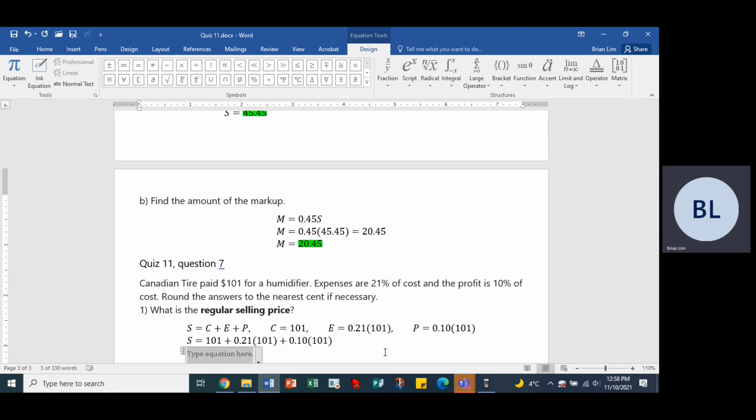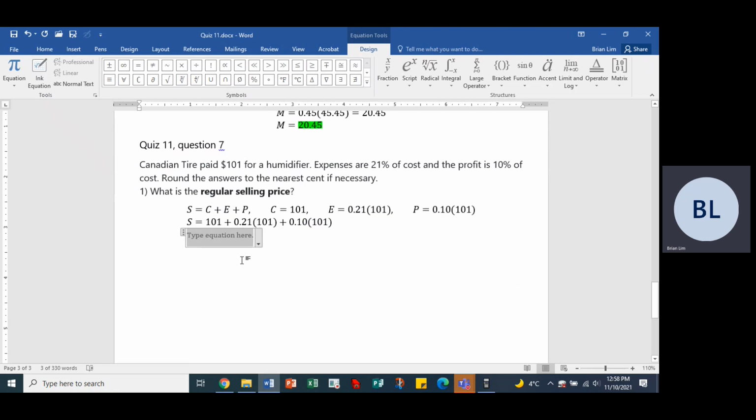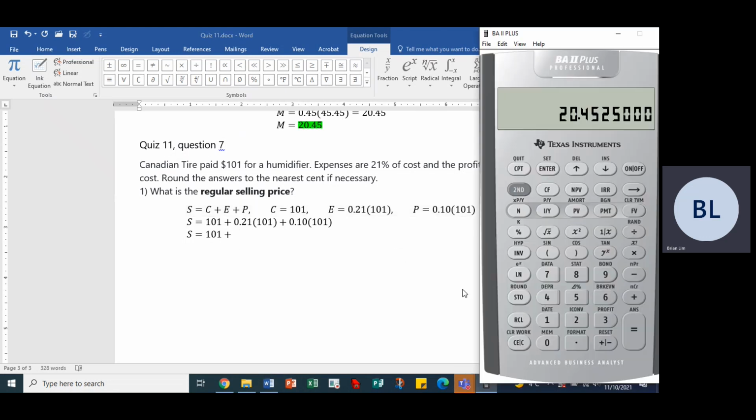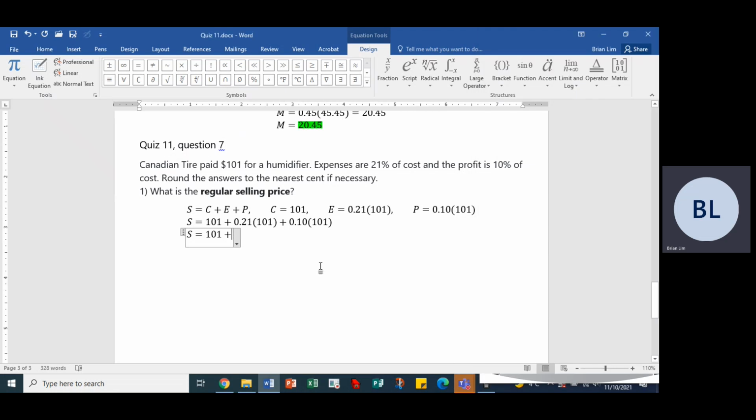Okay, so let's use our calculator and perform the calculation. So 101, that is the cost. The expenses, well, we can go 101 and multiply by 21. Click on percent, and we get a result, 21.21.